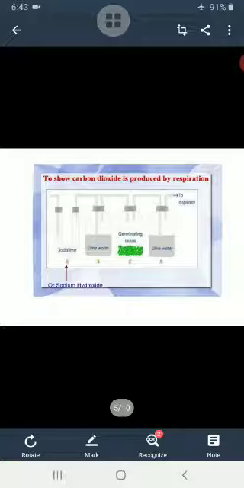Use a suction pump to suck in air through the apparatus. As the air passes through the tube, the potassium hydroxide in the test tube absorbs the carbon dioxide from the incoming air. This can be tested by passing the air through the lime water in test tube B. It will not turn milky, showing that the air doesn't contain carbon dioxide.